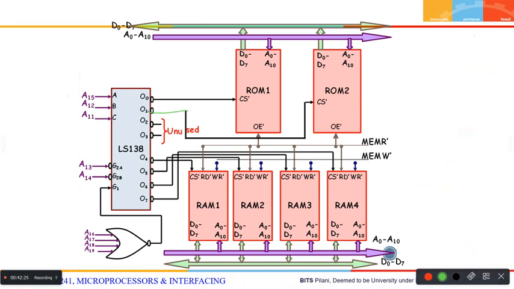And you can see this is the decoder logic. A15, A12, A11 is going as select input, and the remaining lines are going as G1, G2A, G2B. Now, using this, for any address generated in that particular range, that particular chip will be selected and data will be taken from it.